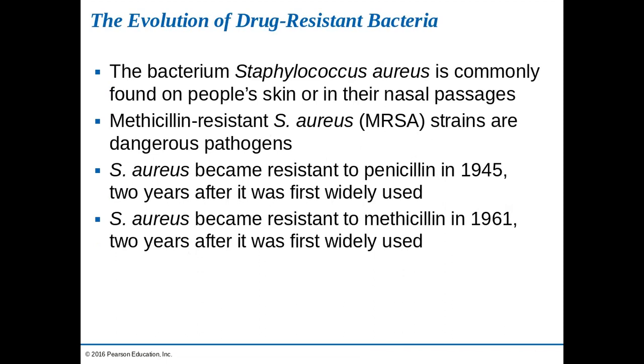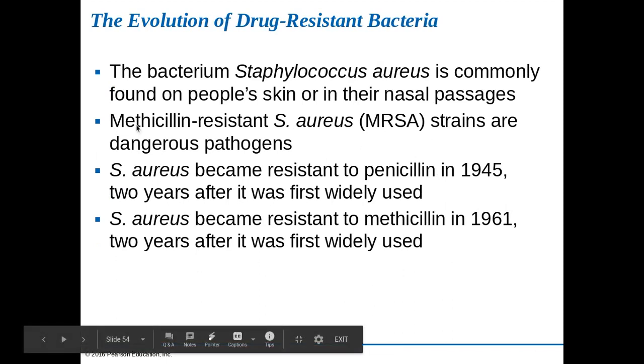Something else we've observed, which is a little bit frightening, is the evolution of drug-resistant bacteria. So you probably are familiar with antibiotics, which are usually used to help get rid of bacteria. And the bacteria Staphylococcus aureus is often found on people's skin or nasal passages. So if you've ever heard of someone having a staph infection, that's probably caused by this bacteria. However, there are certain strains of staph that are methicillin resistant.